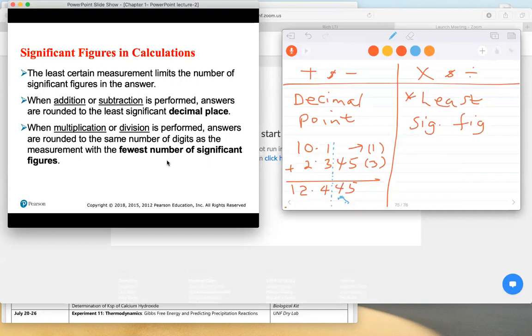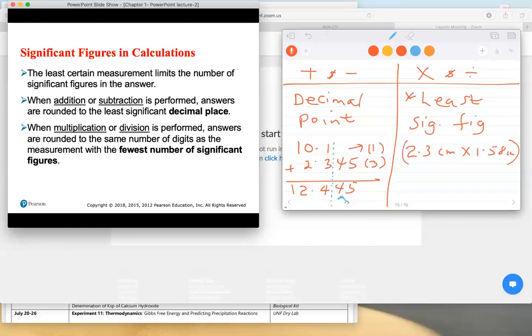If I have, for example, 2.3 centimeters times 1.58 centimeters.